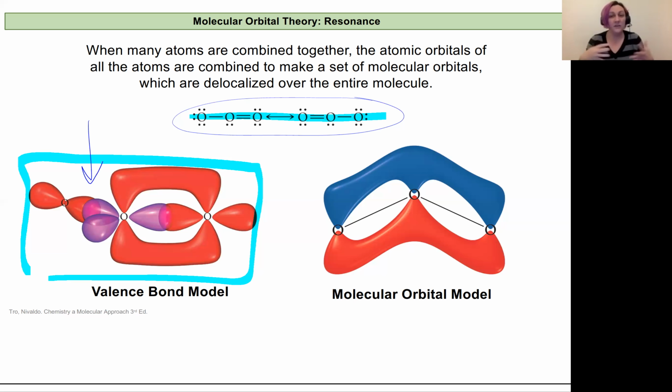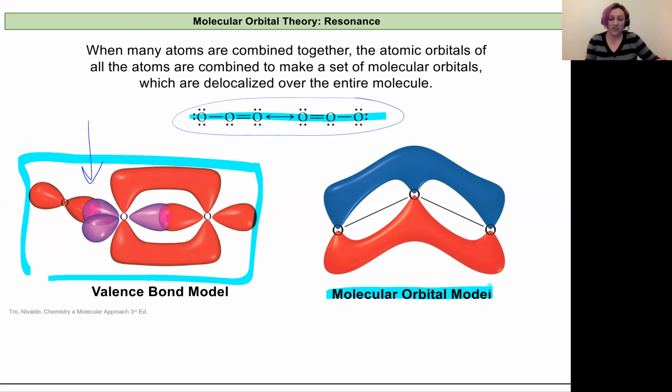But when we take all of those atomic orbitals and pull them away from just the atom and make them part of the whole molecule, a community of orbitals, what we get is a model for resonance that says, because these are molecular orbitals, those electrons can be distributed across the entire molecule, and are.